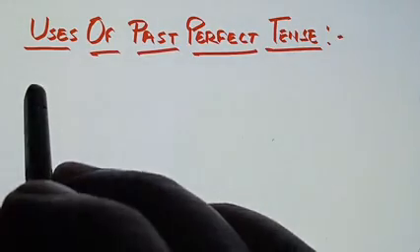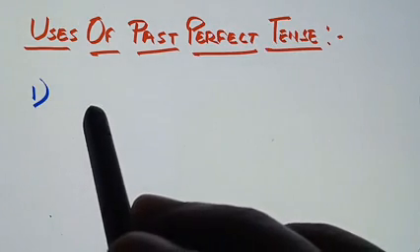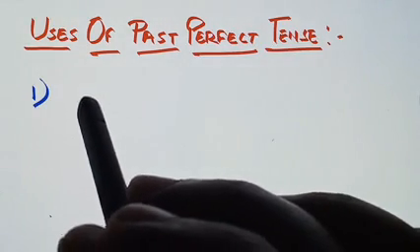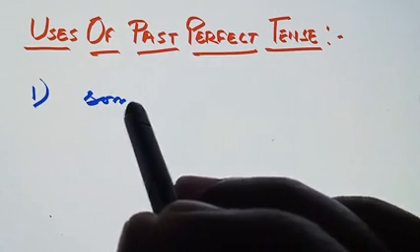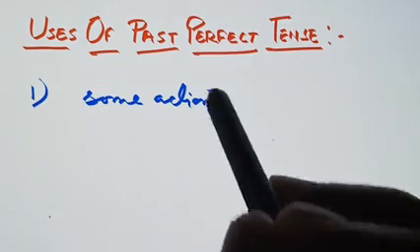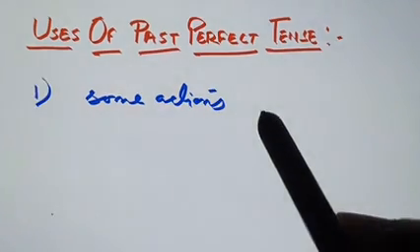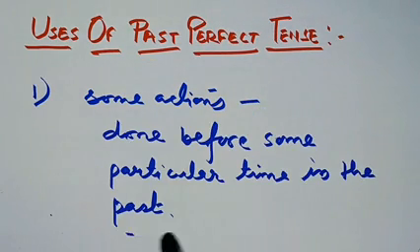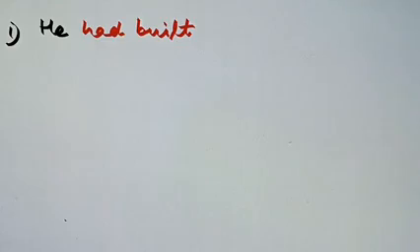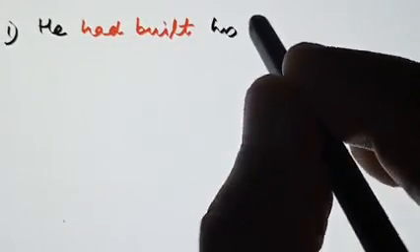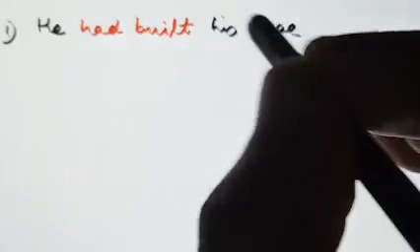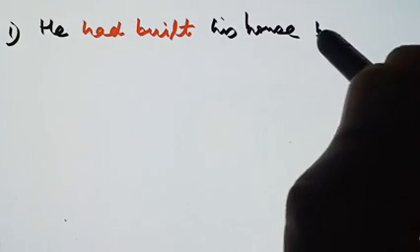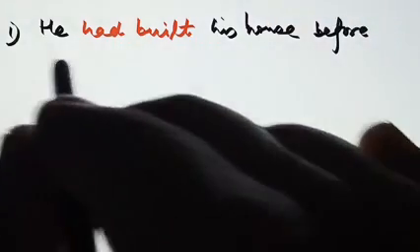So first of all, past perfect tense is used to express some actions which were done before some particular time in the past. For example, he had built his house before 1980.